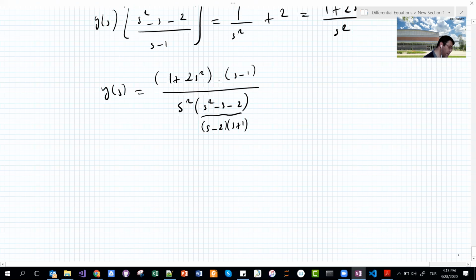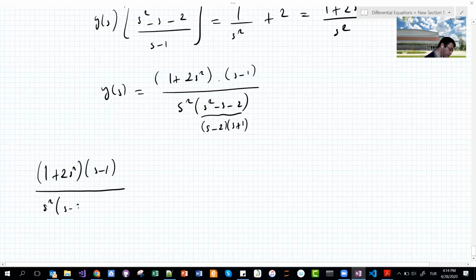So now what I have here, y of s is equal to all these terms. Let me write it this way, but I am not sure if we can finish this. It requires a lot of partial fraction techniques here: 1 plus 2s squared times s minus 1 over s squared times s minus 2 times s plus 1.